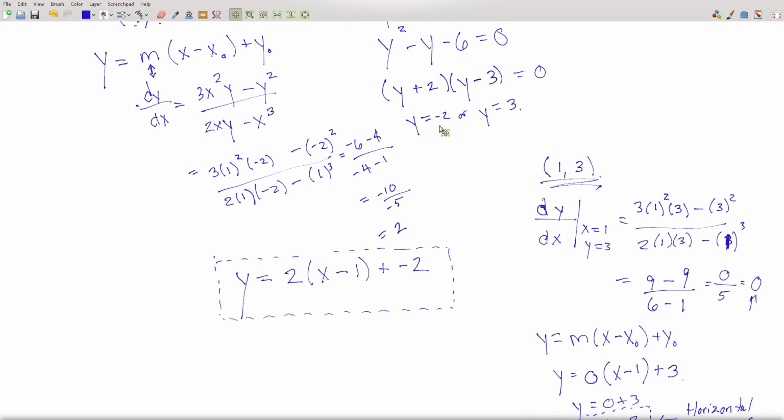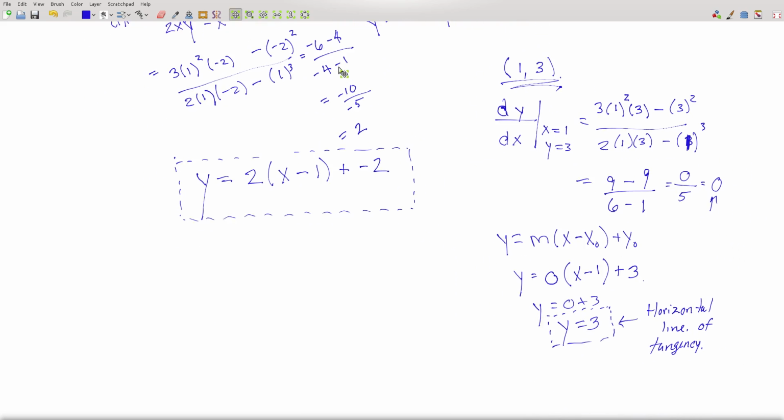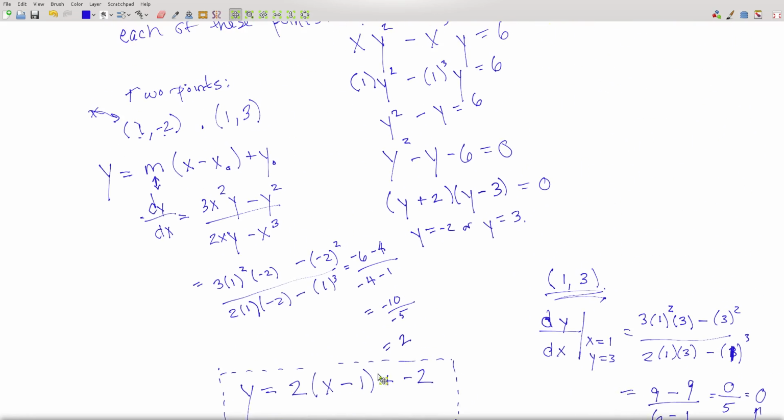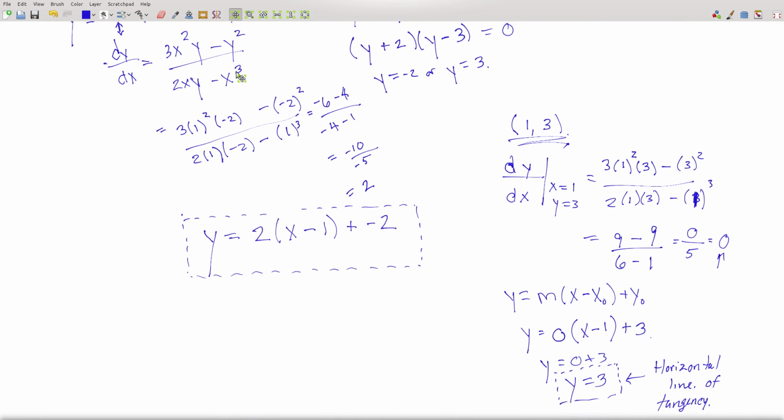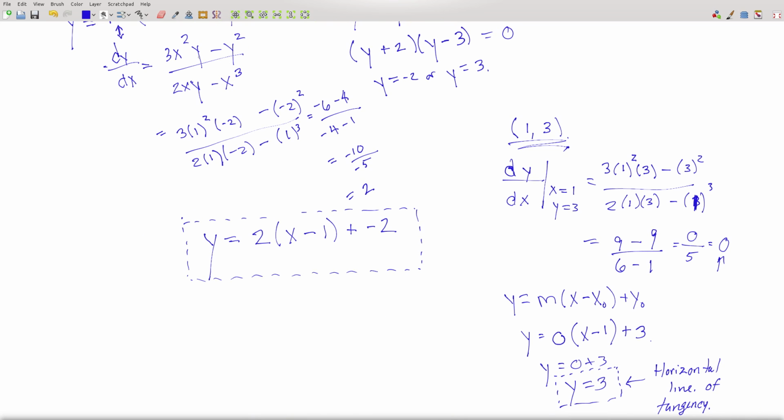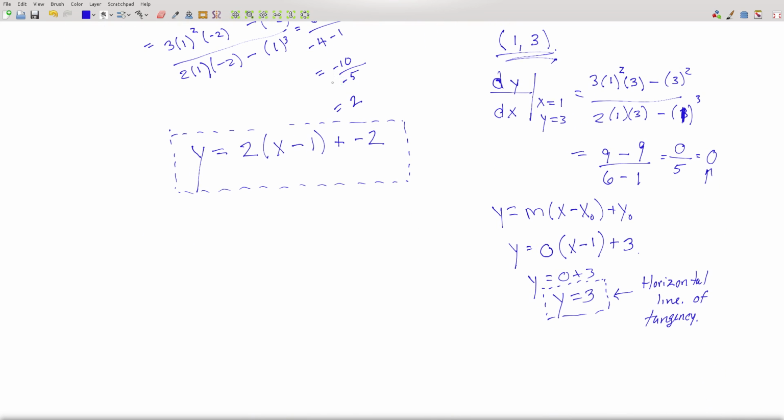That gives rise to two different points. One of the points is (1, -2), and the other point is (1, 3). So we need to find a line of tangency for each of those. We did exactly that by finding the slope, by using the derivative, and then using the slope-point form of a line. Here is one of our answers, and there is the other.